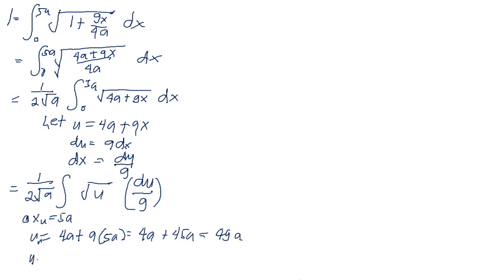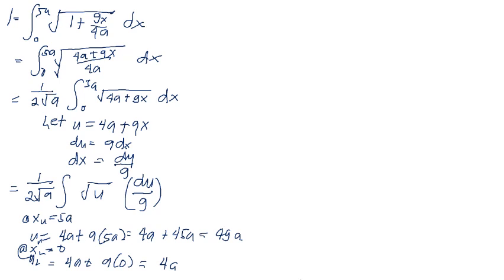So u lower, at x lower which is 0, is equal to 4a plus 9 times 0, and this is now equal to 4a. So our new limits now are from 4a to 49a, because we changed the parameters that you have.